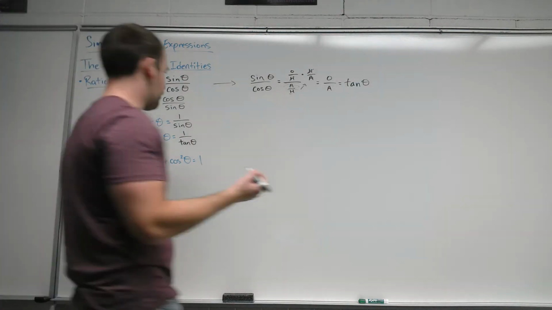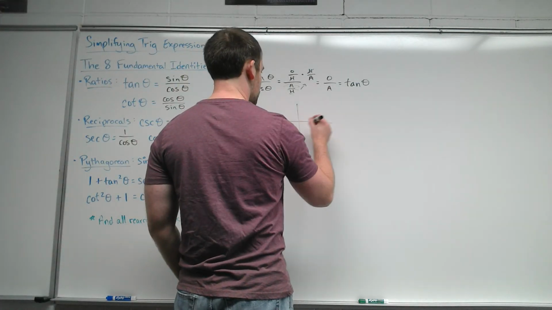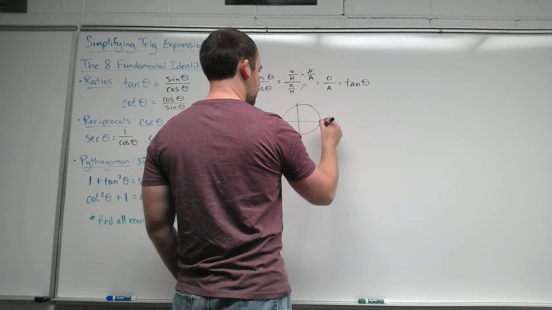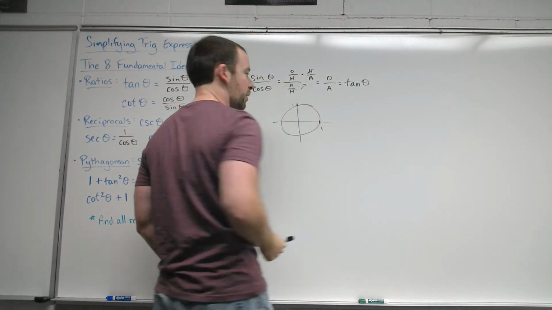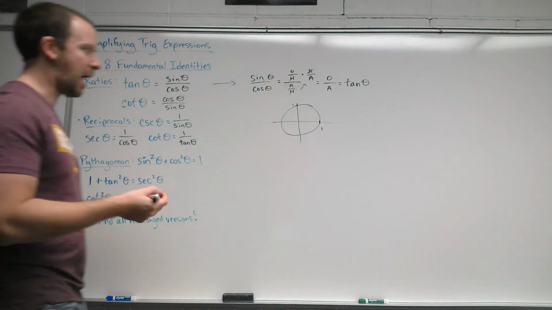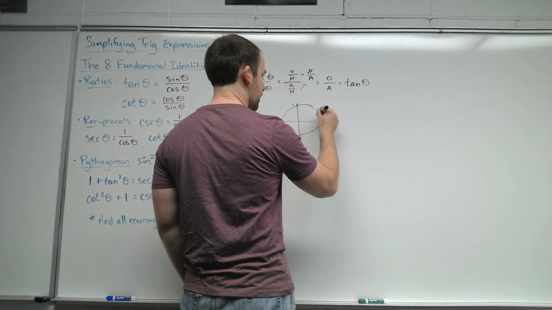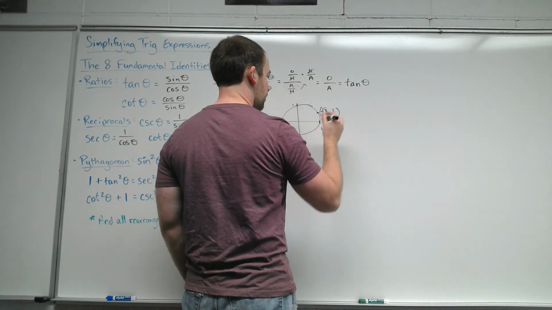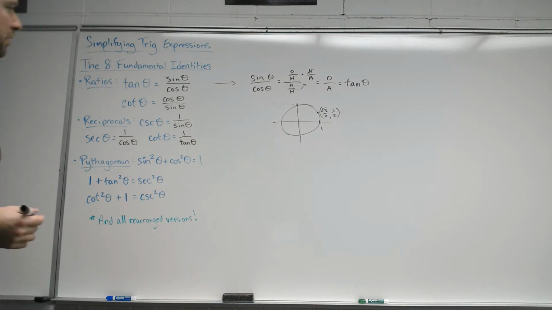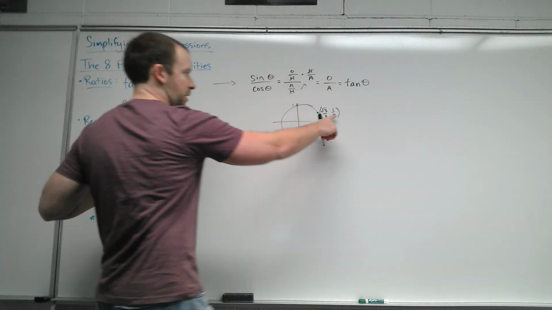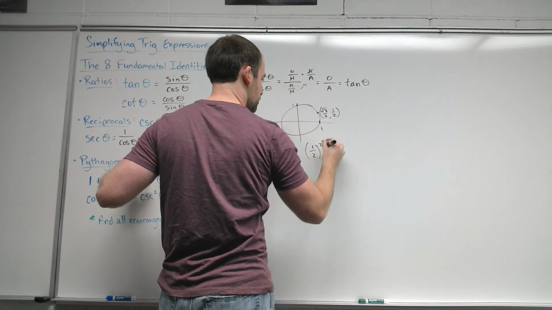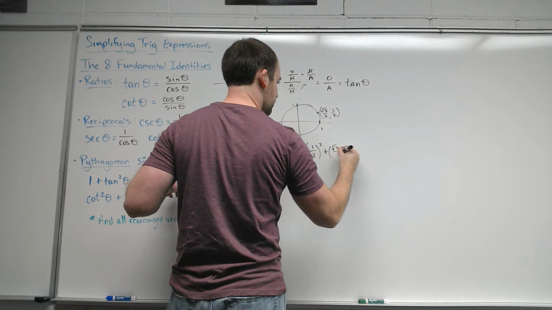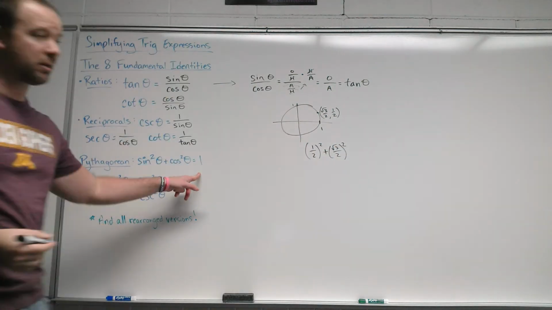So when we were working with unit circle stuff, I had the unit circle, and on the unit circle the radius is always 1. If I take any point off of the unit circle, like this point right here, the point root 3 over 2, 1/2, then if I take the sine, which is the 1/2, squared, plus the cosine, which is root 3 over 2, squared, it should always end up equaling 1.